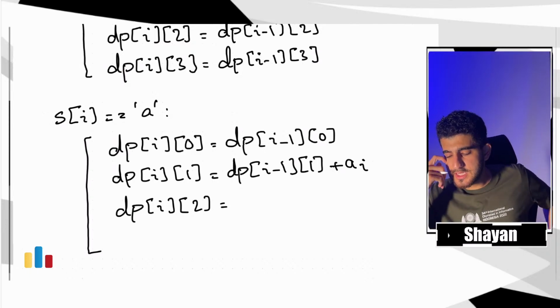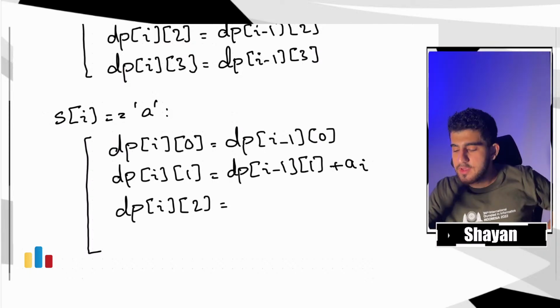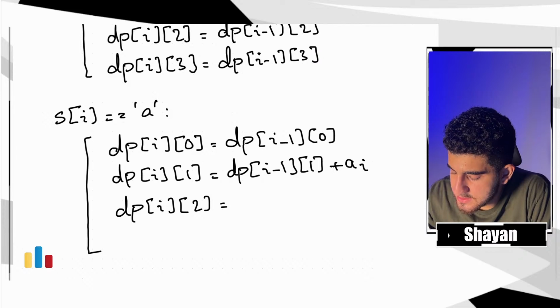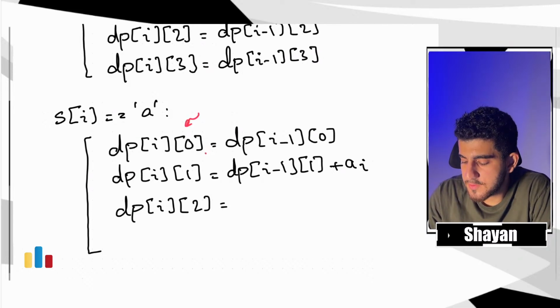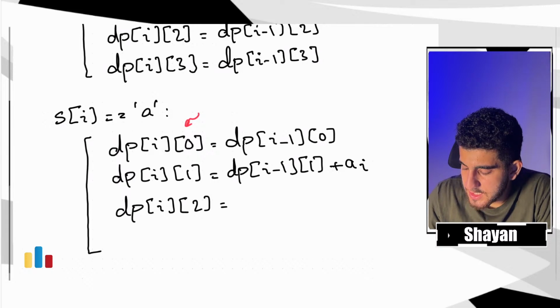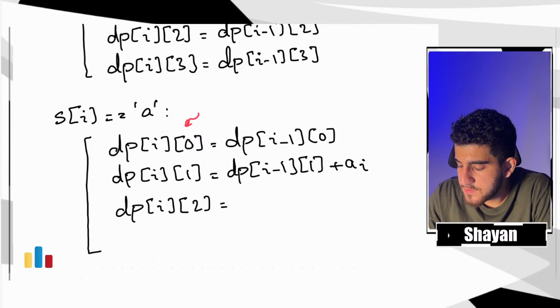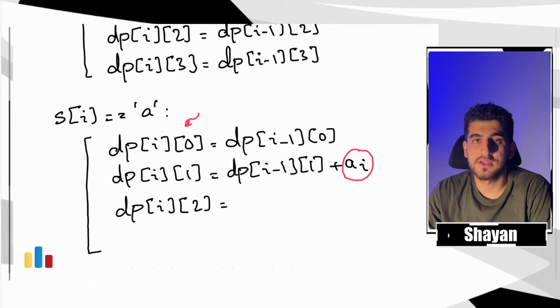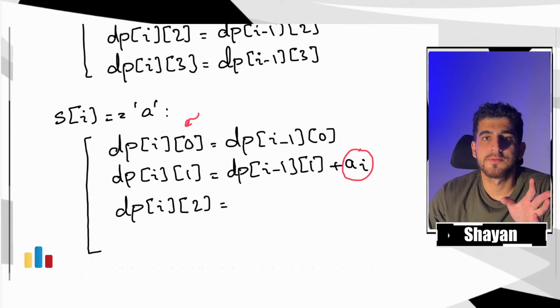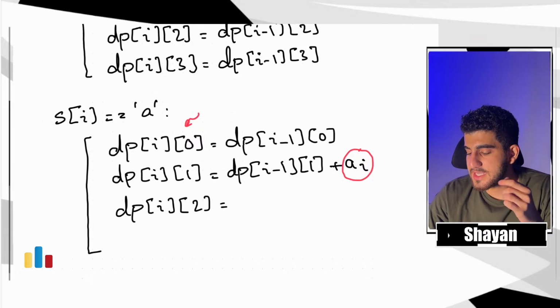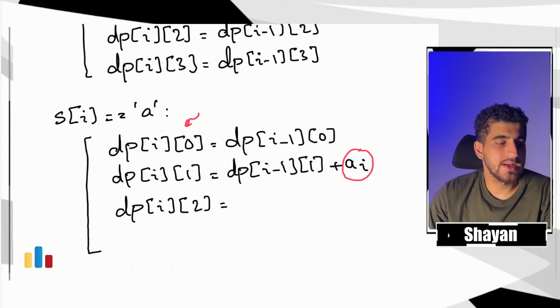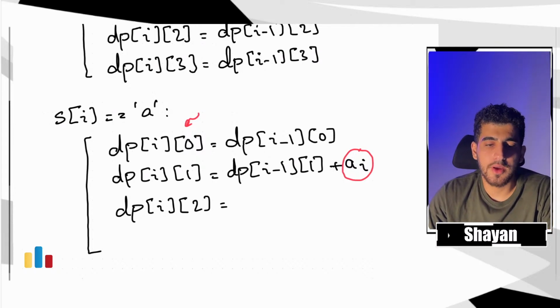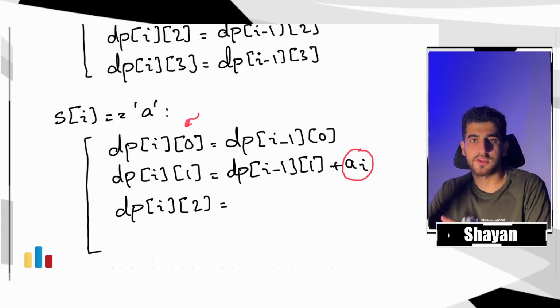Well, the point is that if there is no H before, I've calculated that way in dp of I and 0, so I do not need to worry about it in dp of I and 1. You're right. If there is no H before, we do not really need to remove this character. You're completely right about it. But that case is considered in dp of I and 0. So I do not need to worry about it in dp of I and 1.